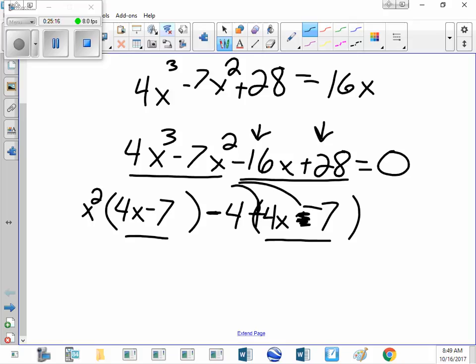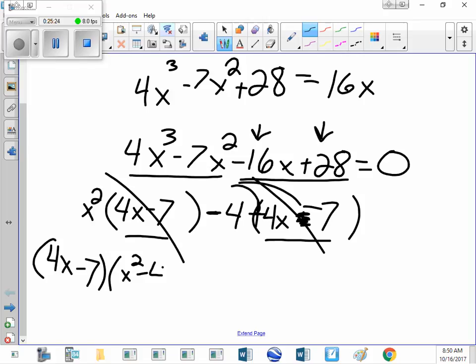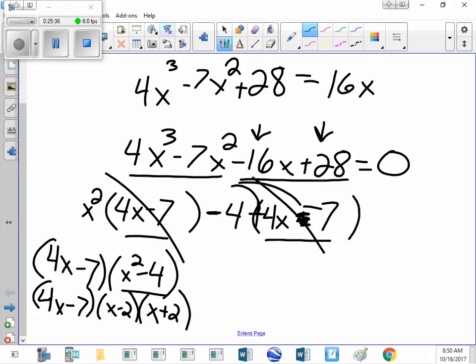So pull this out and pull this out, and I get 4x minus 7 times x squared minus 4. And this one is a difference of squares. So 4x minus 7 times x minus 2 times x plus 2. Okay?